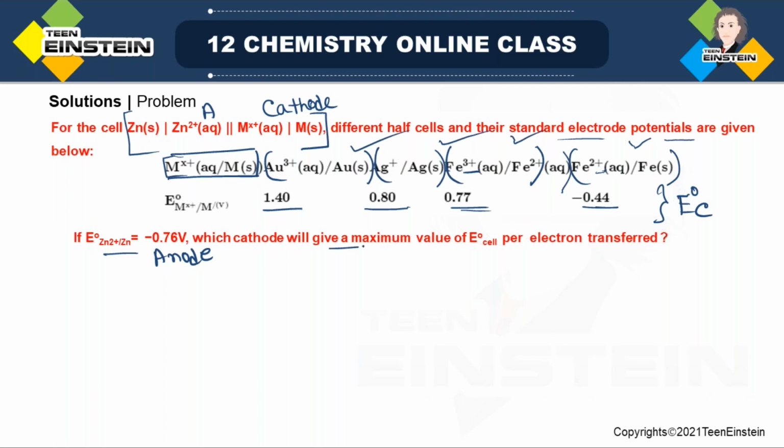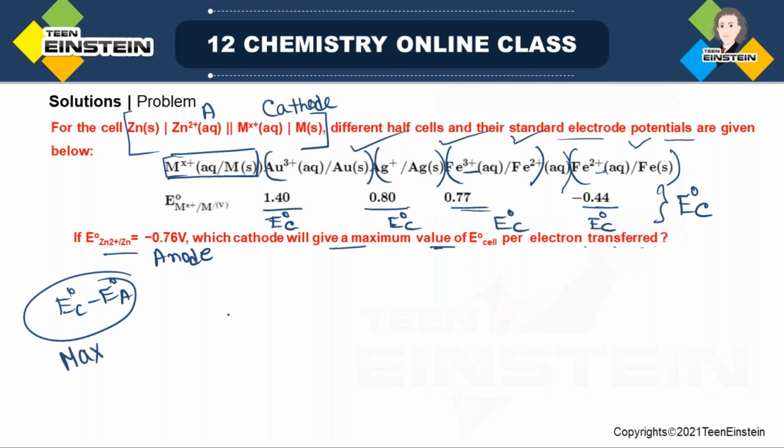So which cathode will give maximum value for E0 cell per electron transfer? Okay, so here which of them will be giving maximum value? How to understand? Obviously all these are E0C. So E0C minus E0A, in which case will be maximum, that we have to see.